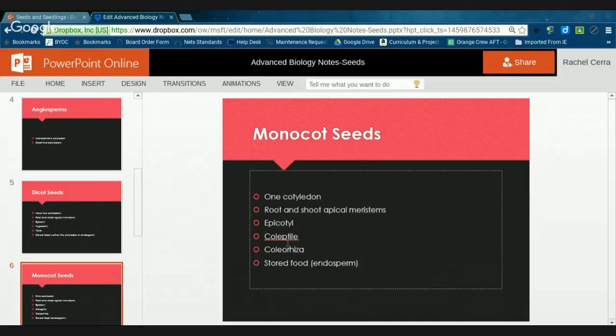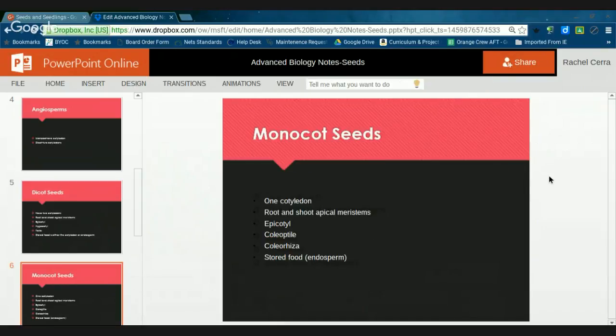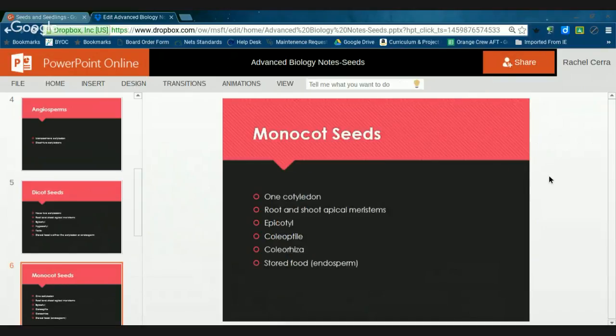So there technically should be an O here. Sorry about that. So coleoptile. You're also going to have a coleorhiza, and then you're going to have the stored food in the form of your endosperm.